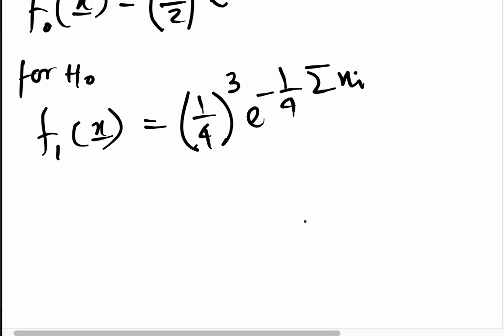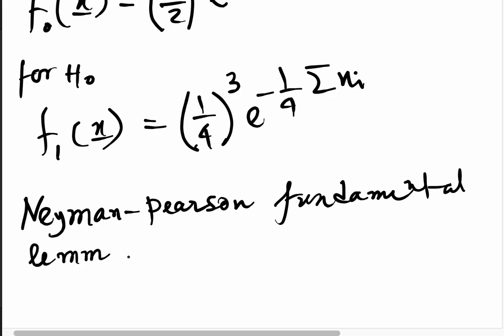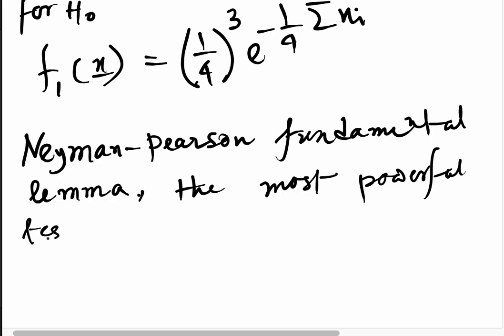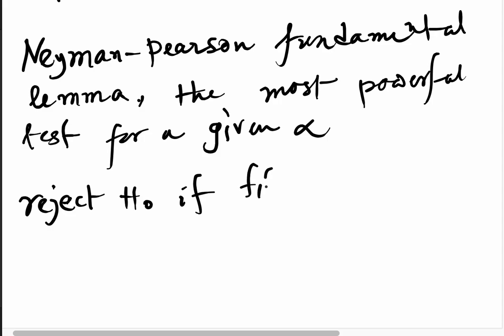Now from the Neyman-Pearson fundamental lemma, the most powerful test for a given alpha will be: reject H0 if f1 by f0 is greater than k.